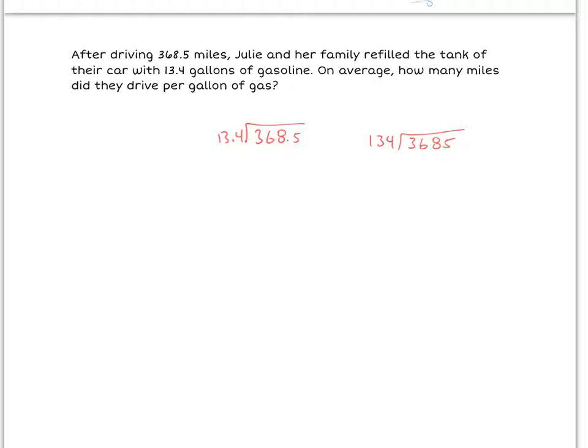The rest is just what we've been doing with division. So then it's just dividing. It doesn't fit into 3, it doesn't fit into 36. It fits in here 2 times. So 268. Then 1,005. This is where some people have asked me, can I use a calculator?